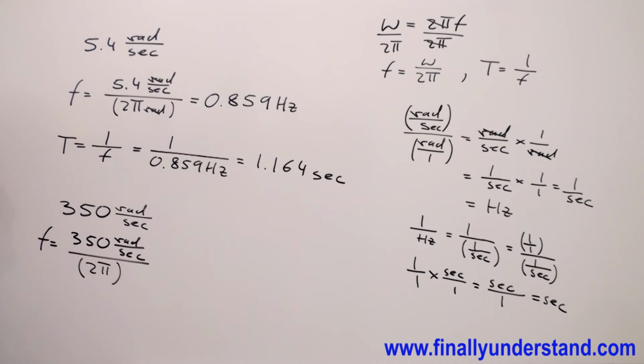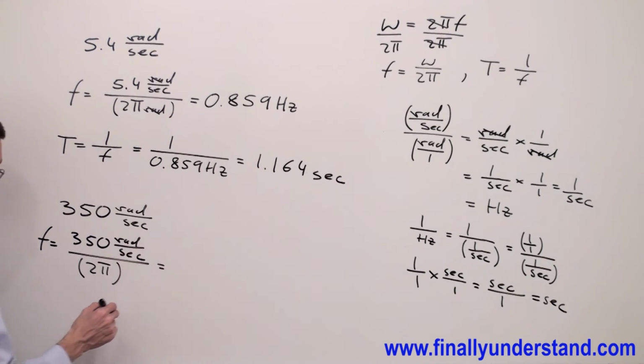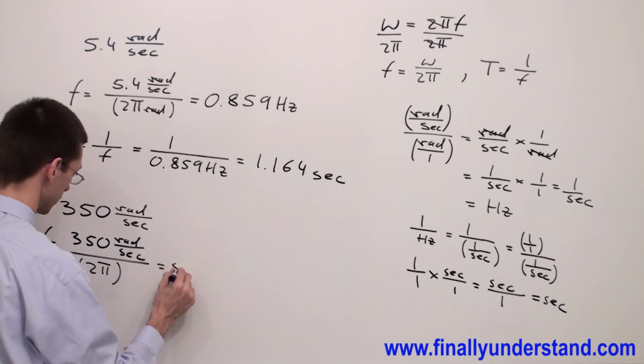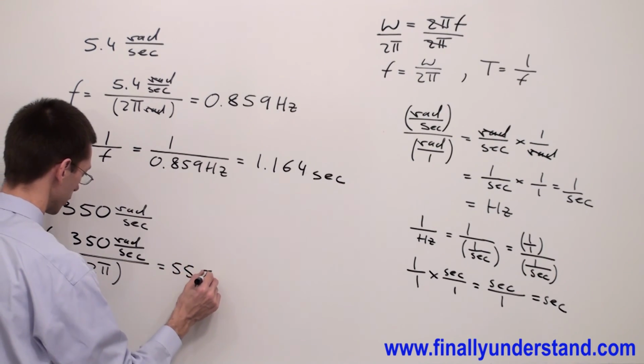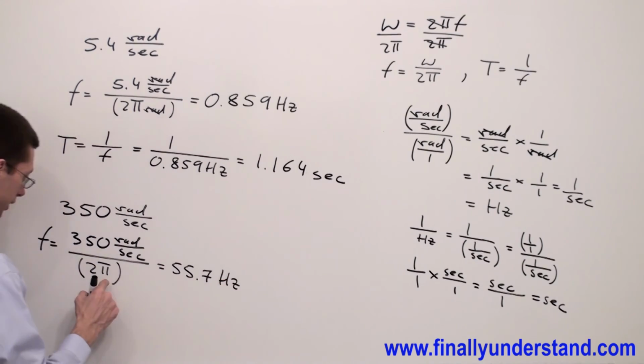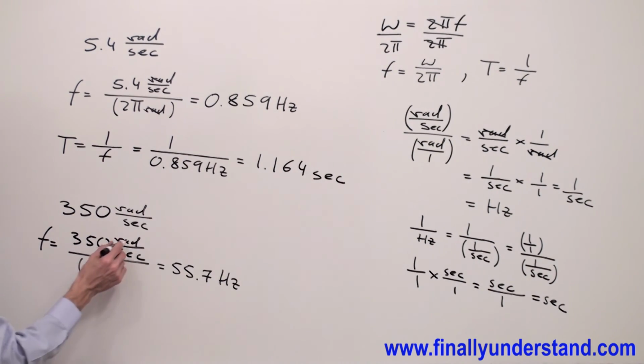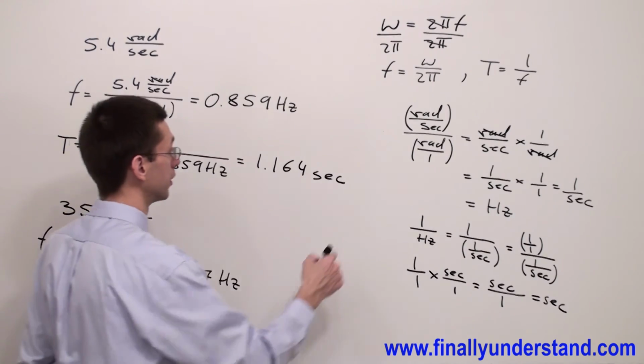Write the parentheses. Enter these numbers into the calculator and you're supposed to obtain 55.7 hertz. Remember, anytime we have pi, there is always an invisible radian. So radian and radian will cancel out and we are going to get hertz. I explained that already over here.